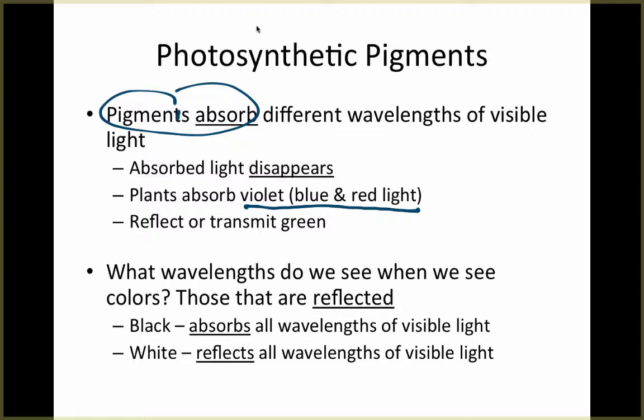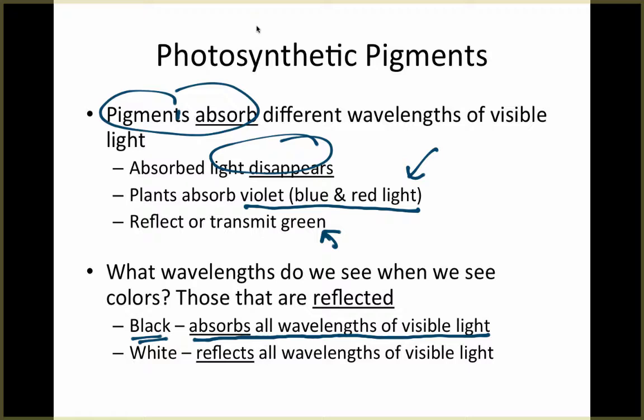If they absorb the color, the light disappears. If they don't absorb it, then it's going to bounce back and reflect to you. So for instance, when something is black, essentially they're absorbing all wavelengths, so you're seeing that color because of the absence of any wavelength being reflected back to your eye.